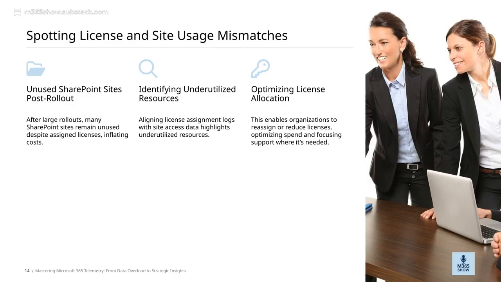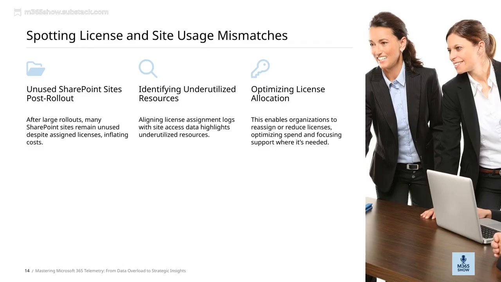By doing so, we can optimize our spending and ensure that support resources are focused where they're most needed. A key concept here is optimizing license allocation. When we align license assignment logs with site access data, we can quickly identify resources that are underutilized. This helps us avoid wasting money on licenses that aren't being used effectively.